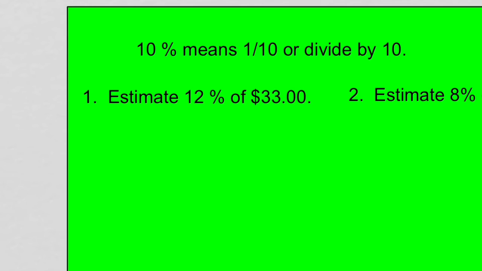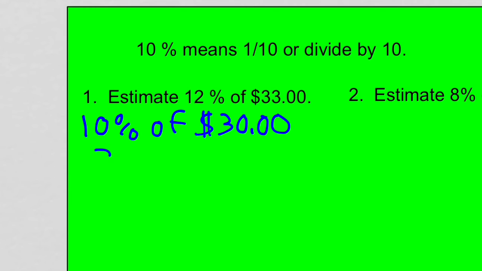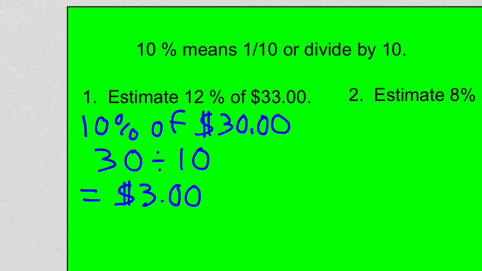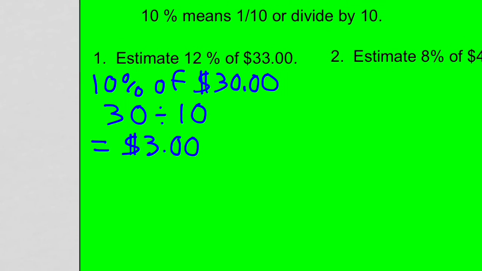If we're going to estimate 12% of $33, we could do 10% of $30. And this means 30 divided by 10. And that is equal to $3. Now that is one way you could do it that is perfect, 100% great mental math.